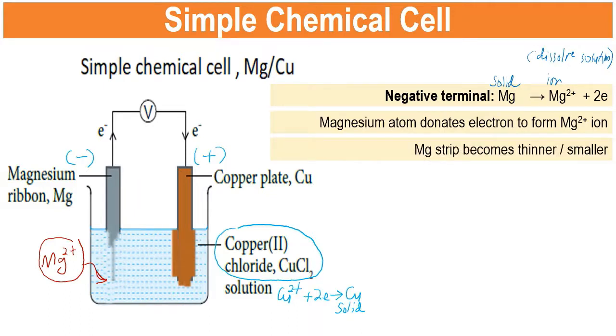Magnesium strip becomes thinner or smaller. This is the correct way to write the observation at the negative terminal.